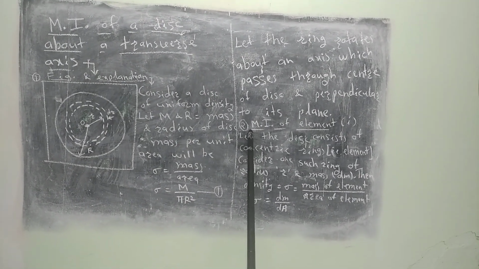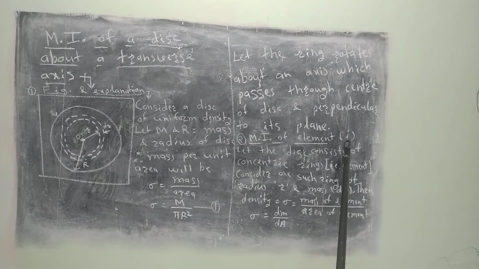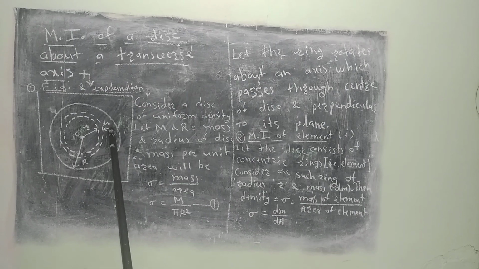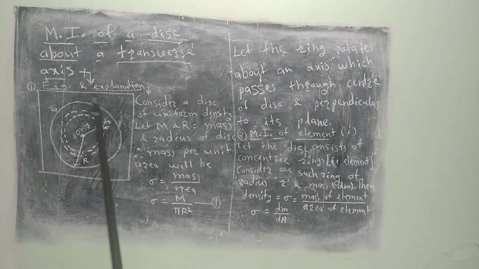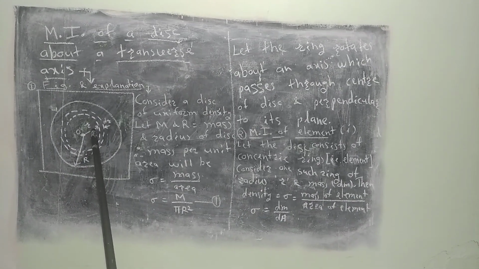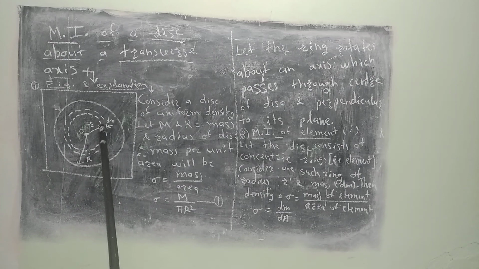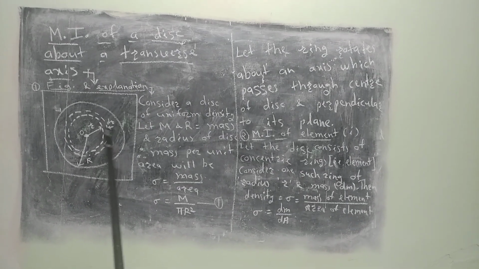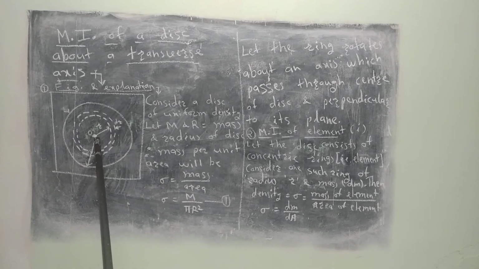So first of all we find out the moment of inertia of the element, that means small i. We have to imagine that this disk consists of identical concentric rings. These rings are called an element of thickness dr and radius r, which is placed from the center of the disk.